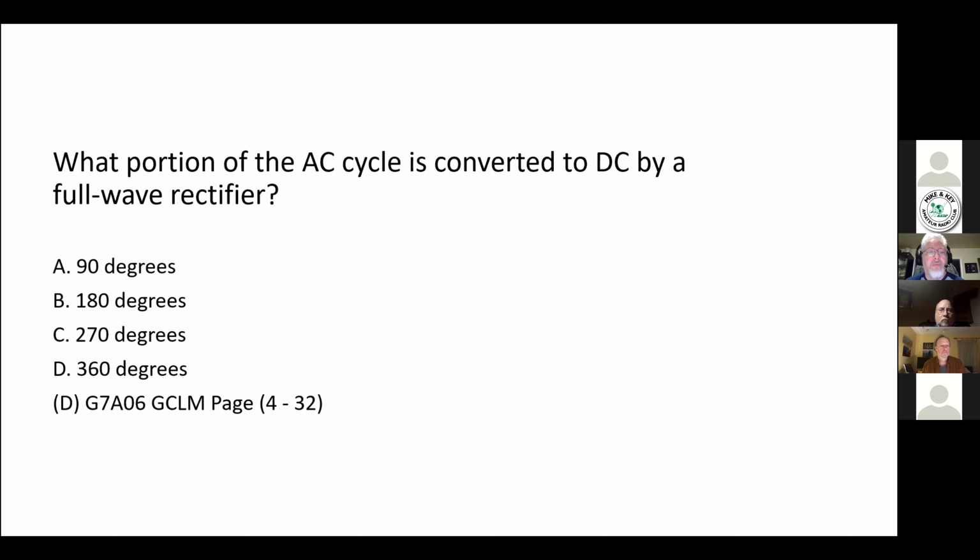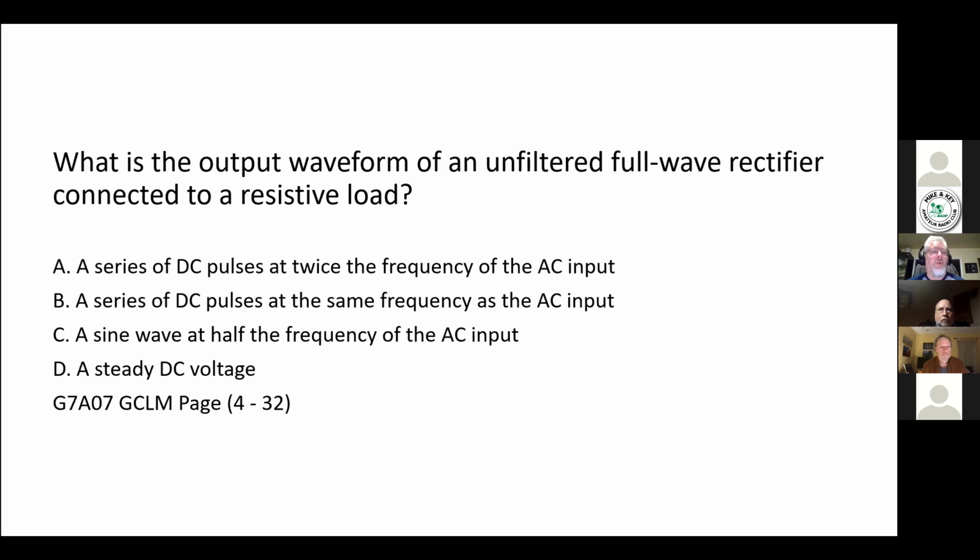What is the output waveform of an unfiltered full wave rectifier connected to a resistive load? A, a series of DC pulses at twice the frequency of the AC input.